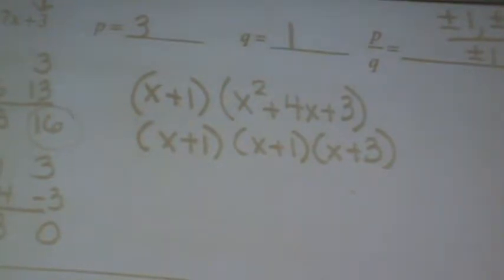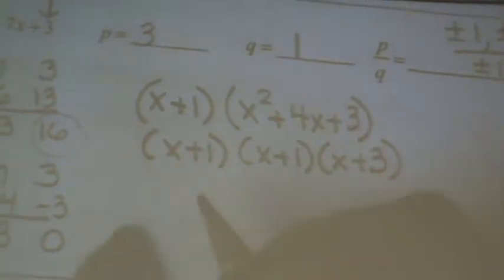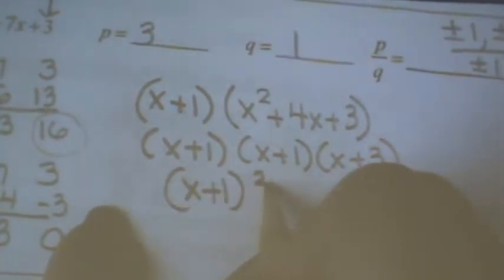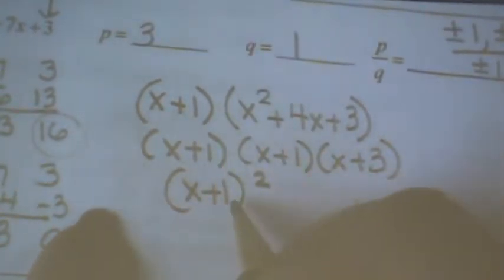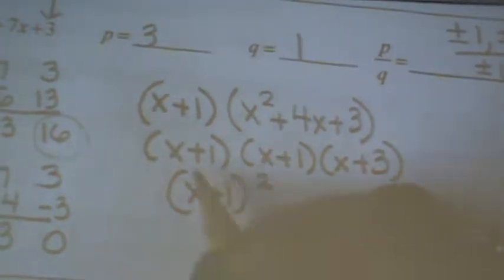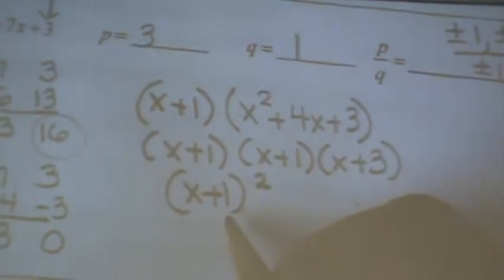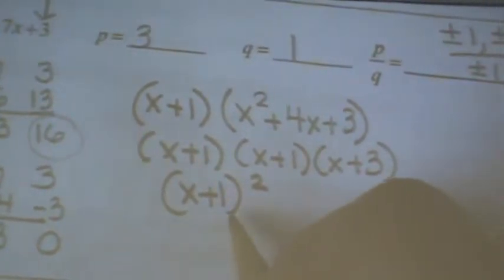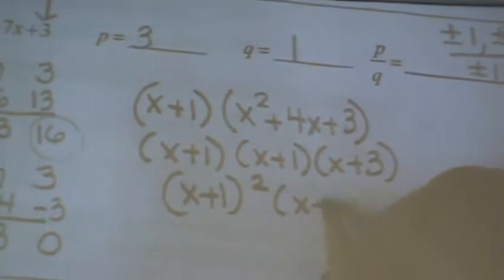Is there a shorter way to write this answer? x plus 1 quantity squared. So in other words, the 0, -1 occurred twice. It has a multiplicity that's even. When we get to it, we're going to talk about the multiplicity of each 0. It's going to touch at -1 and then x plus 3.